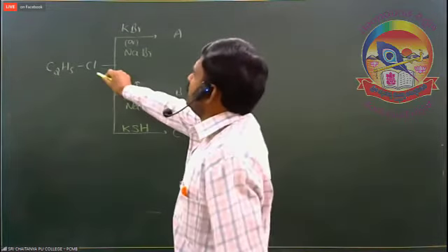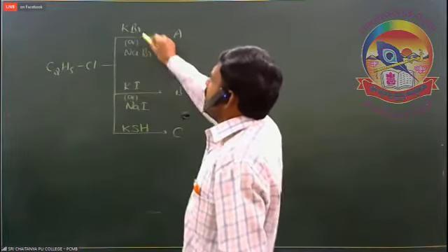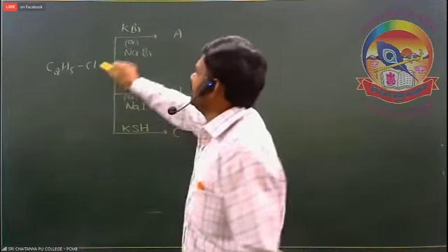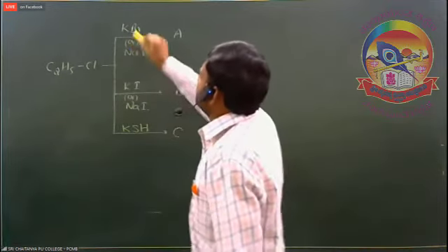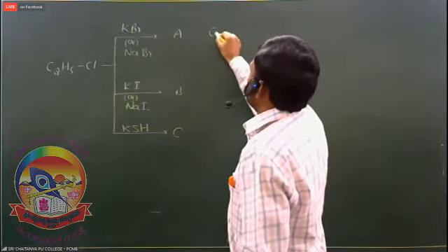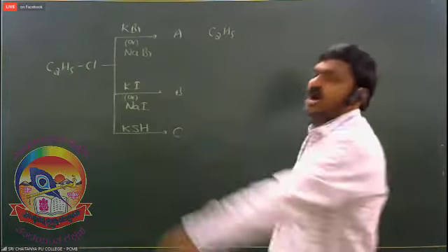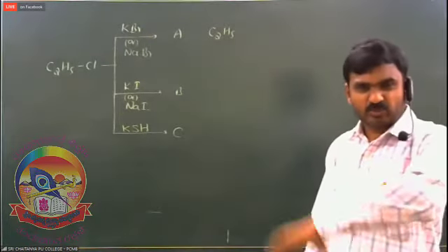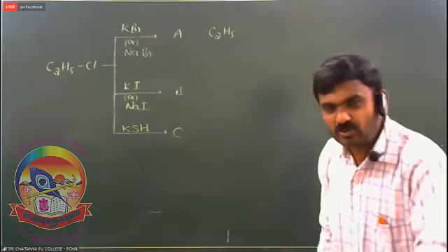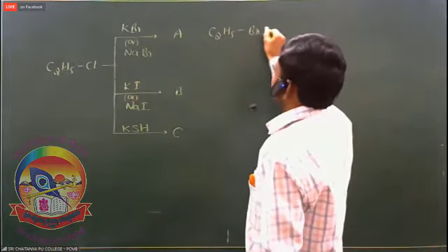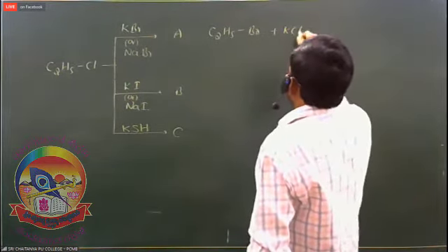Ethyl chloride reacts with KBr or NaBr. Here K and Cl, KCl is eliminated, so Cl is replaced by Br. It is an interconversion: one halide is converted to another halide. Chloride is converted to bromide, or chloride is converted to iodide. So the product is C2H5Br, and KCl is the byproduct.